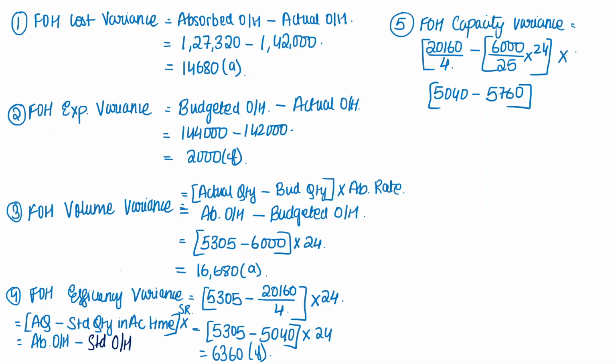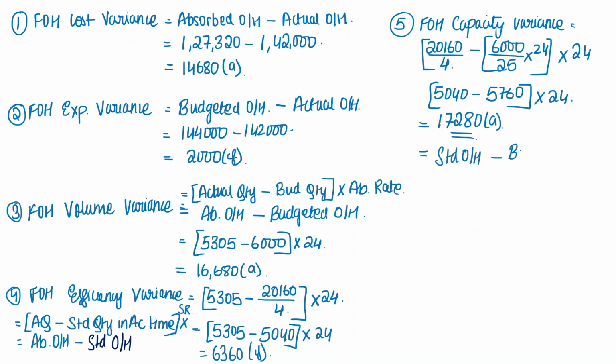Okay. Into the rate that is 24. That is equal to how much? 17,280. Now 20,160 divided by 4 into 24 is nothing but my standard overheads. And 6,000 into 24 is my budgeted overheads, but we have reduced our budgeted overheads with respect to the number of days.